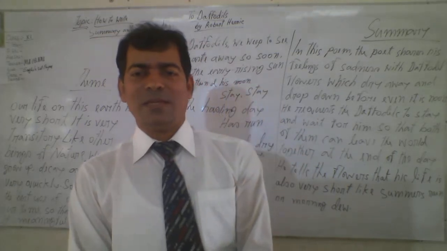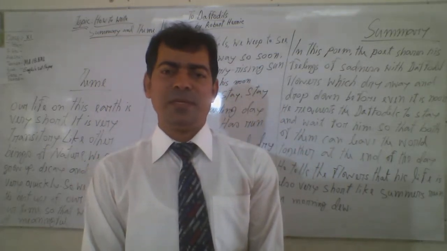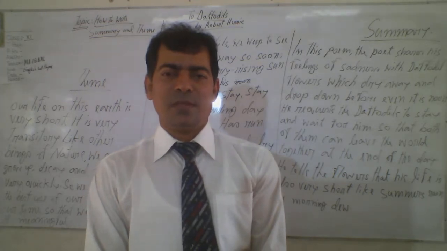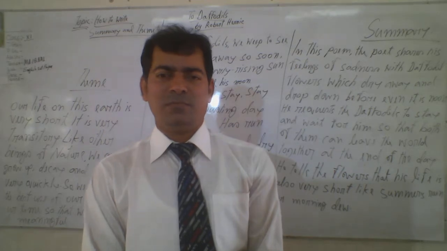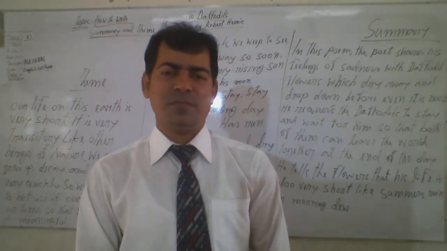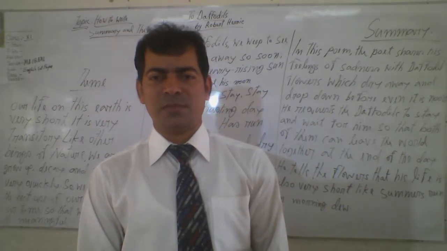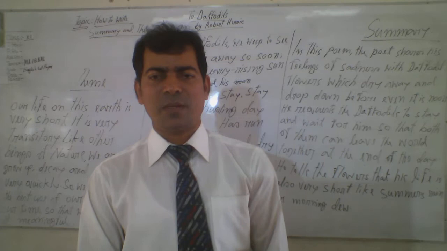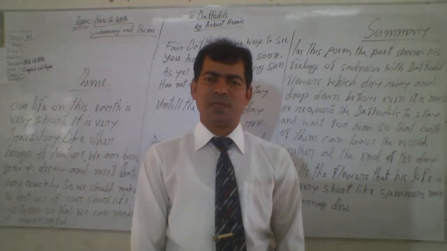So you can understand that it's a very important topic. If you can learn how to write a summary or a theme, you can easily carry a good amount of marks out of 100. So dear students, now let us start our activities.